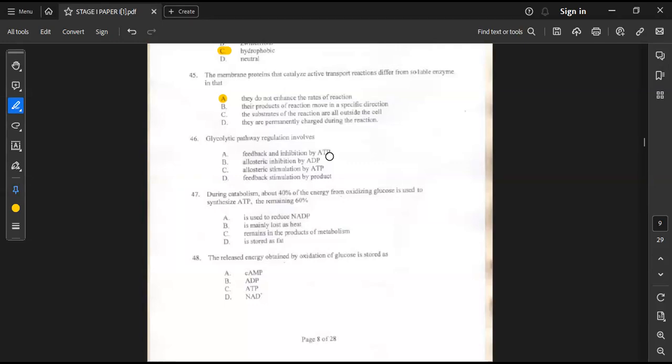So for glycolysis, the starting substrate, of course, is glucose. It's phosphorylated to glucose 6-phosphate, and we know that phosphorylation step is irreversible. That phosphorylation step is also important because glucose is osmotically active.